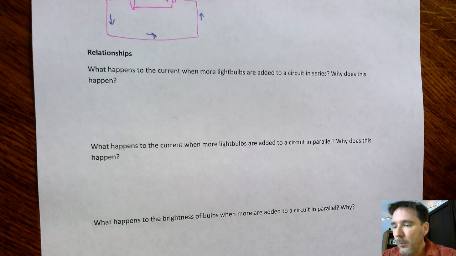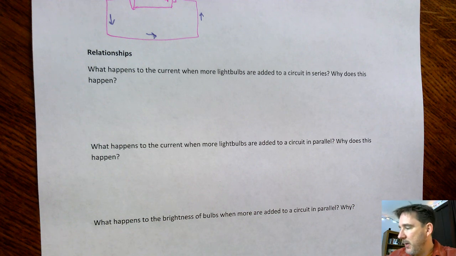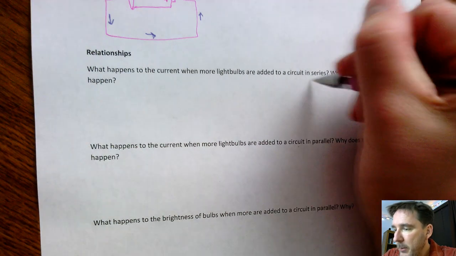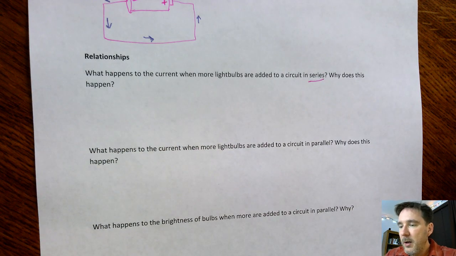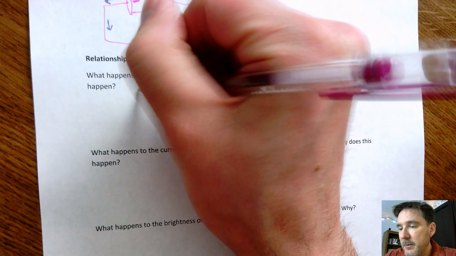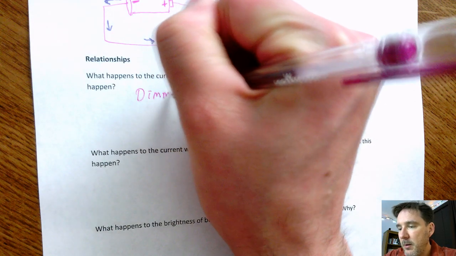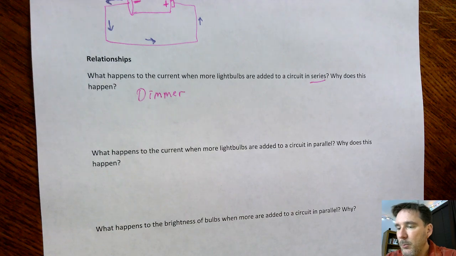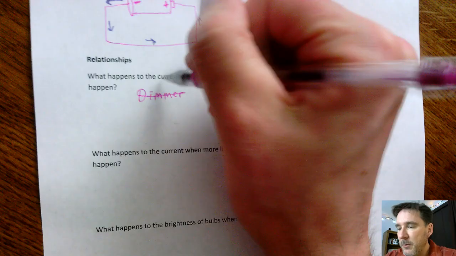Relationships. What happens to the current when more light bulbs are added to a circuit in series, and why? We talked about this today, but just to recap, in series it gets dimmer. What happens to the current?